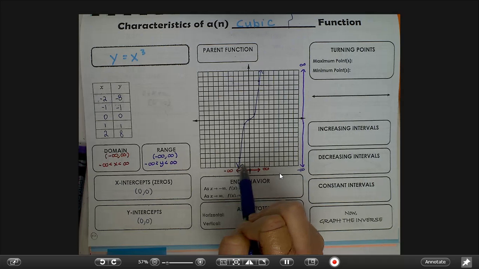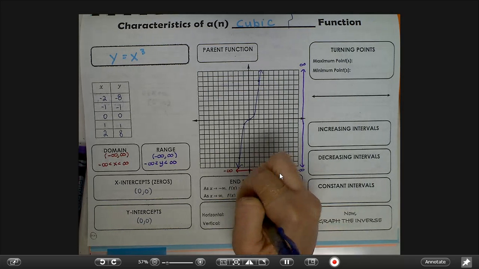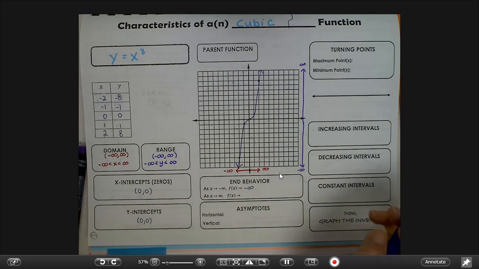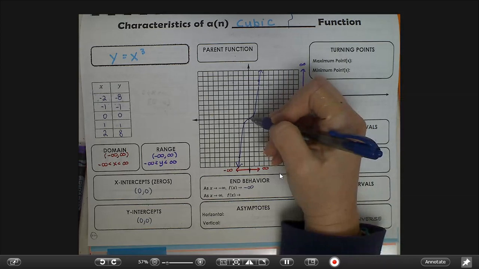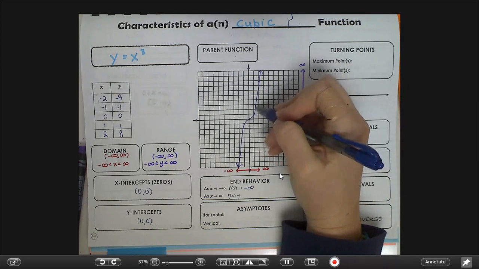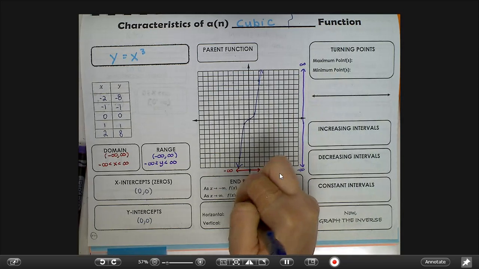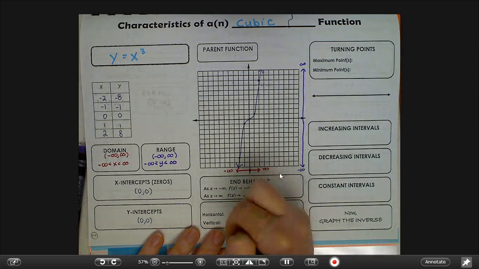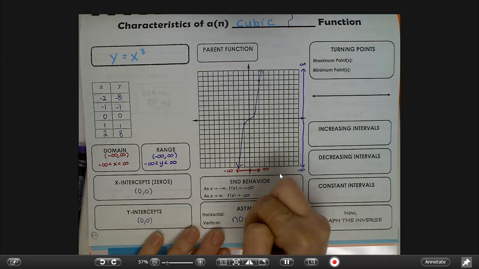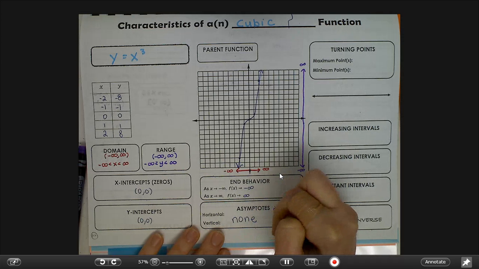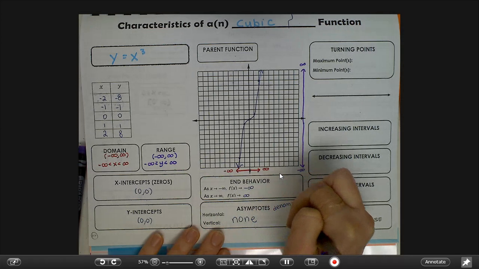It's going down. So as x approaches negative infinity, y is approaching negative infinity. And as x is going up, y is going up to infinity.